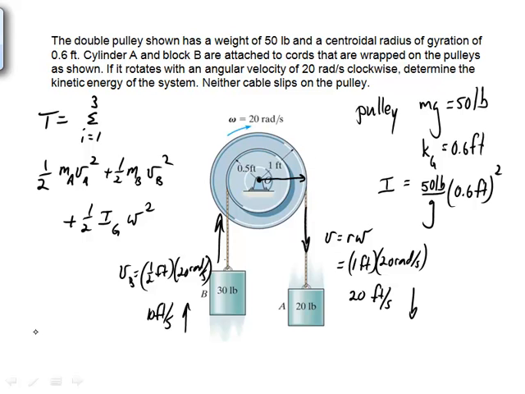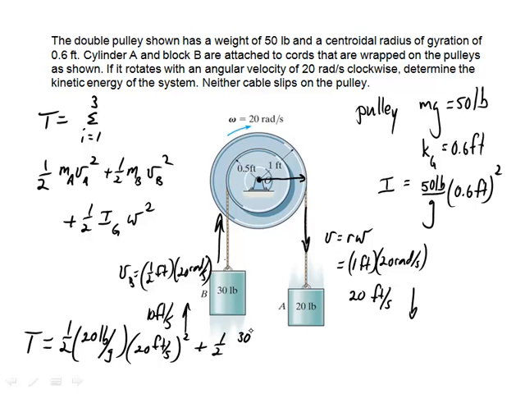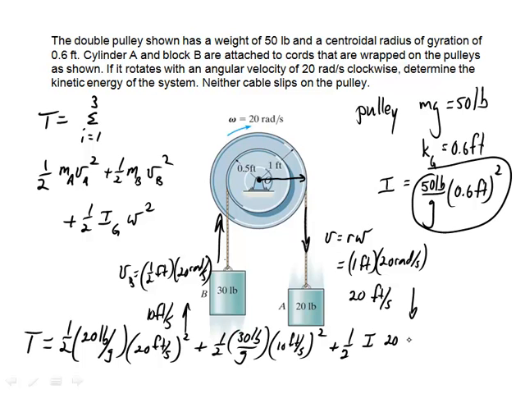And so my total kinetic energy in this case is going to be 1/2 20 pounds over g, because that's going to turn it into a mass, times 20 feet per second, and I square all that, plus 1/2 30 pounds over g, times 10 feet per second, and I square that, plus 1/2 I, which is right here, times 20 radians per second, and I square all that.